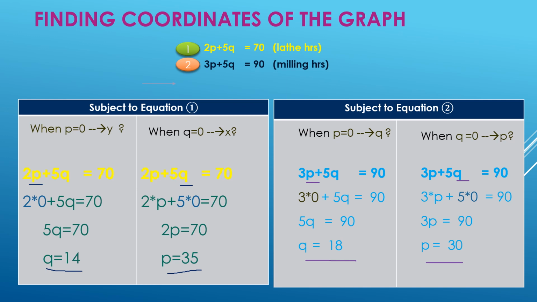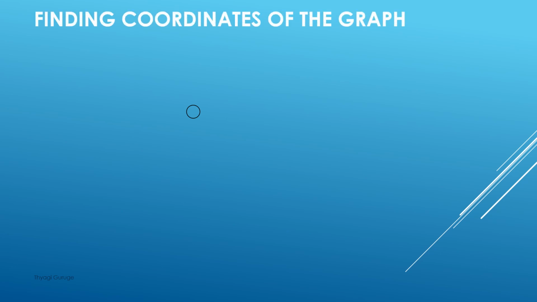So now let's do the same for the next two equations as well. Find the coordinates for the grinding hours. As previously, we are going to find the value of P as well as Q. First, we assume the value of P as 0.